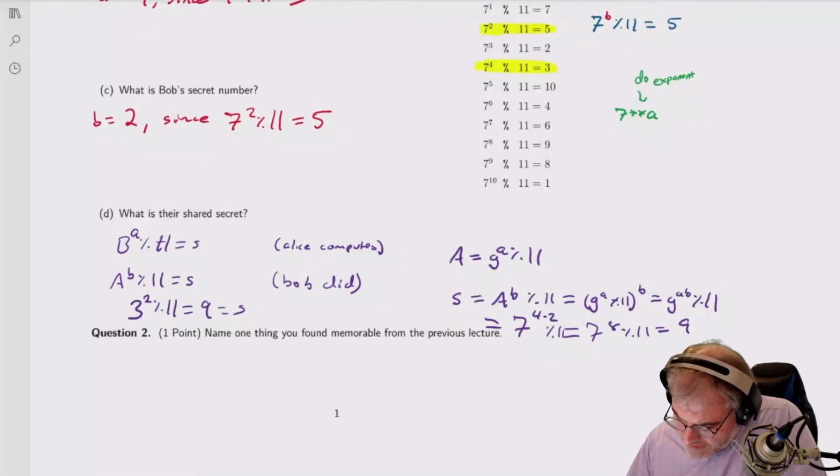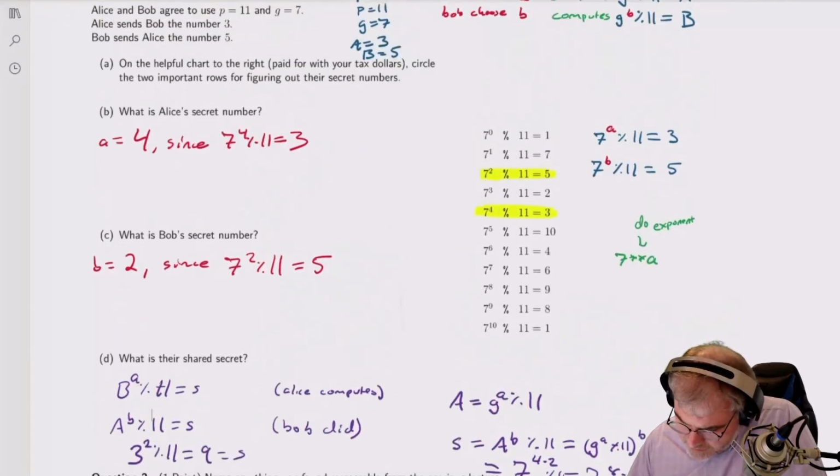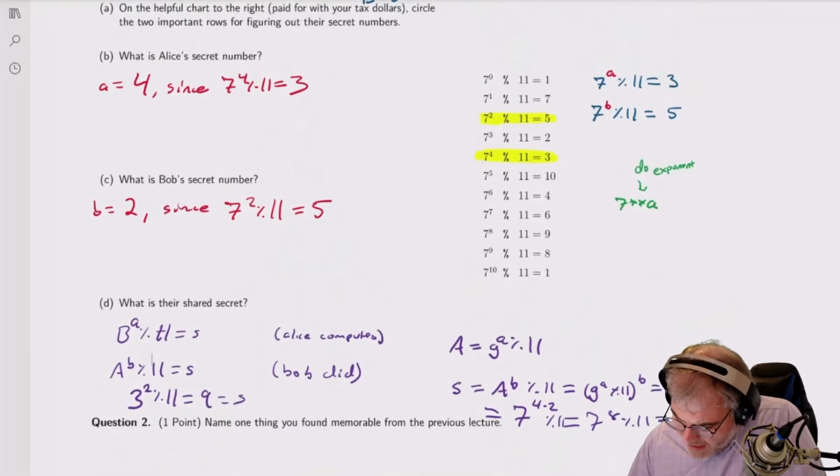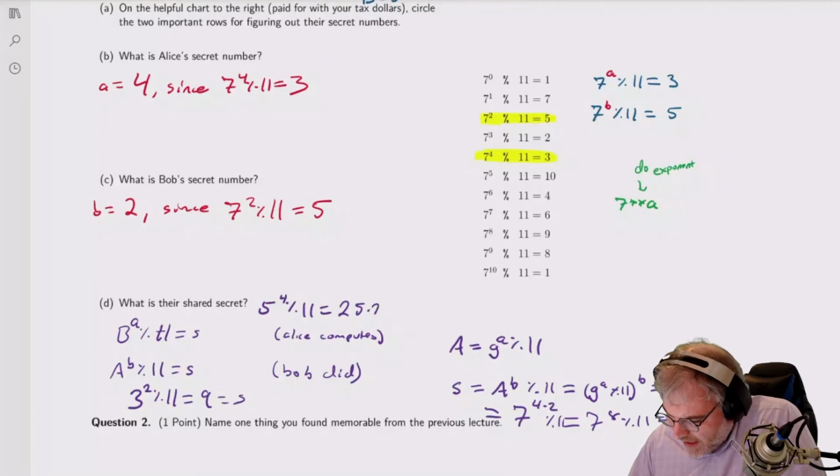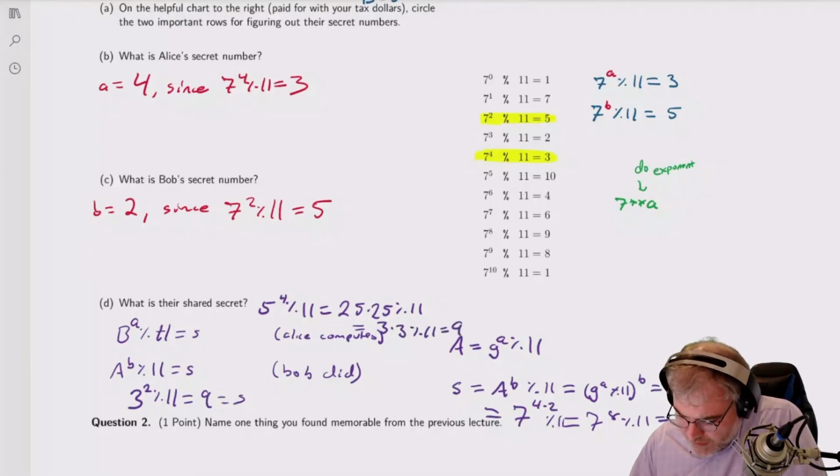This was B to the A. So that's 5 to the 4 mod 11. That's going to be 5 times 5 is 25, then 25 times 25 mod 11. Since 22 is divisible, I'm going to subtract 22. That's going to be 3 times 3 mod 11, which equals 9. So 25 equals 3.